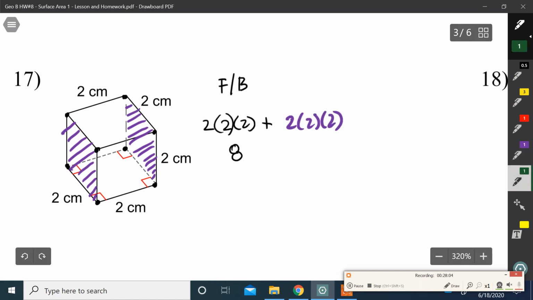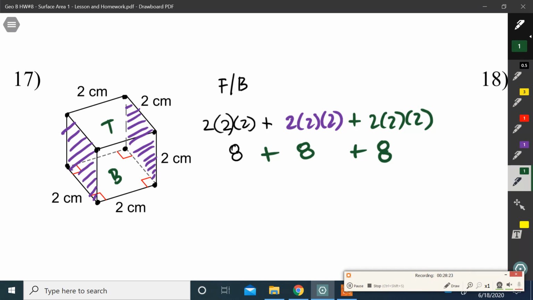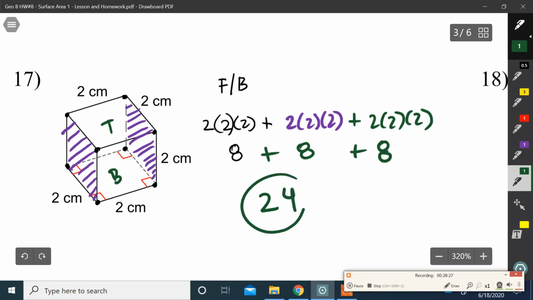And then finally we have back and top there, which is also 2 times 2 times 2. Okay, we add all those together. 8 times 3 should be 24. That one was pretty easy, I will admit that.